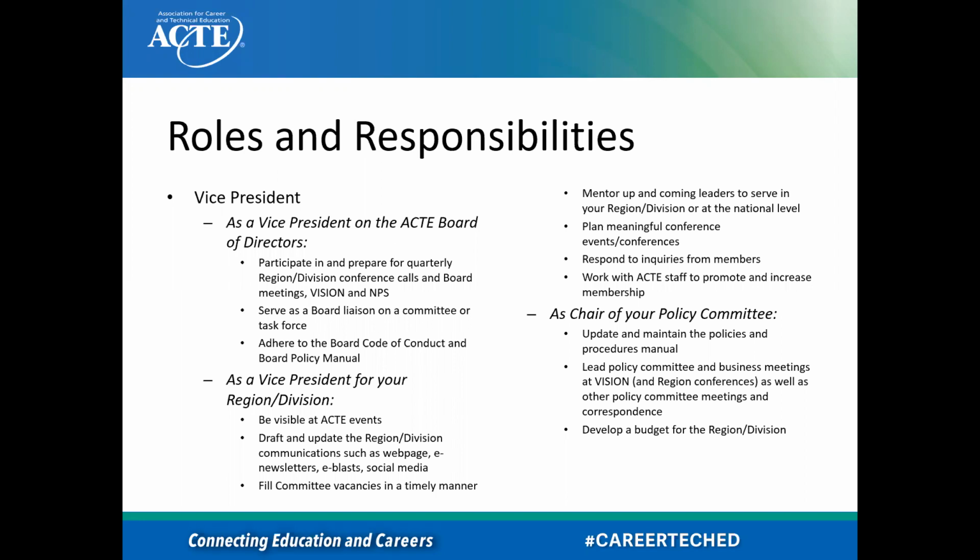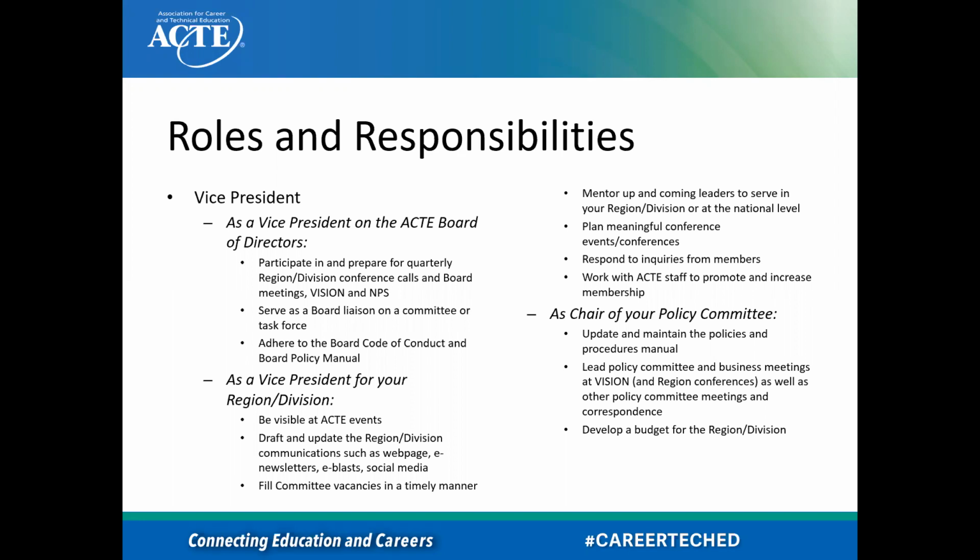These are the roles and responsibilities of the vice president role. Essentially, there are 3 categories. One is the role as the vice president on the ACTE Board of Directors, where you attend board meetings and provide feedback and discussion during those meetings, as well as serving as a liaison on our committees. There's also the vice president of your region or division, so overseeing all the activities related to your region or division work.